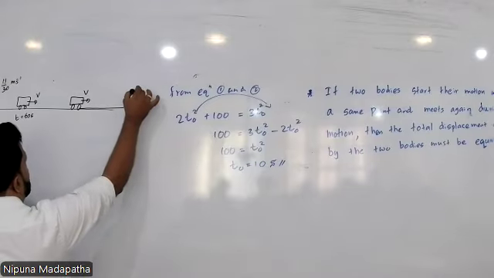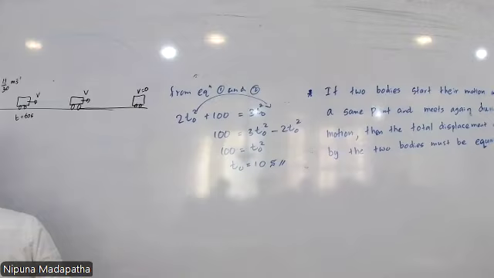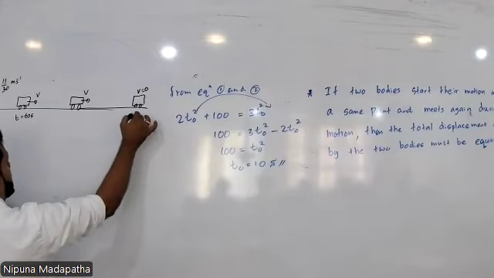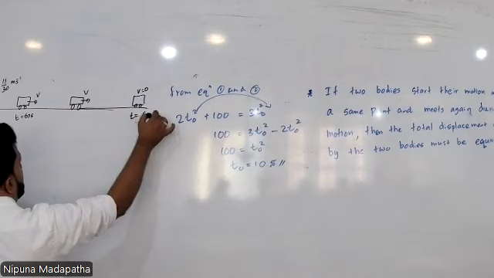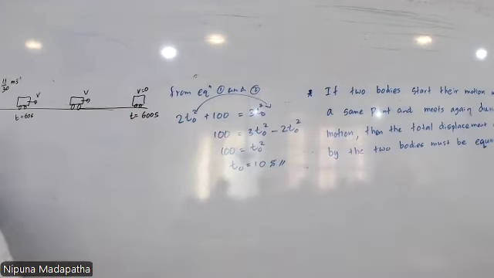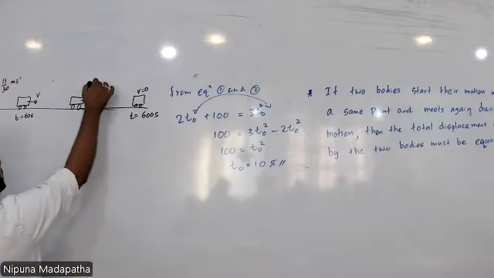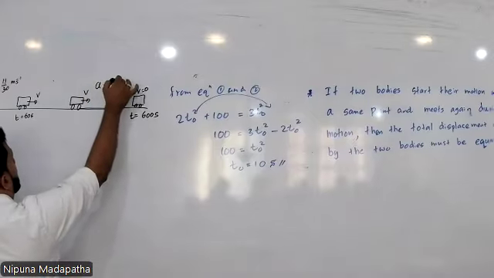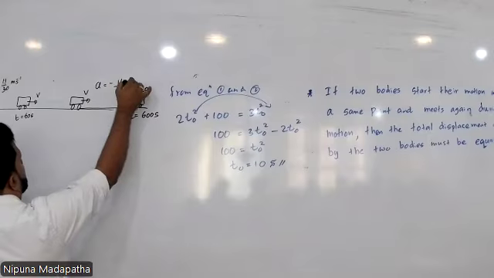The total time taken for this journey is 600. Find the maximum velocity of the train and the total displacement. The deceleration is 11 over 10.